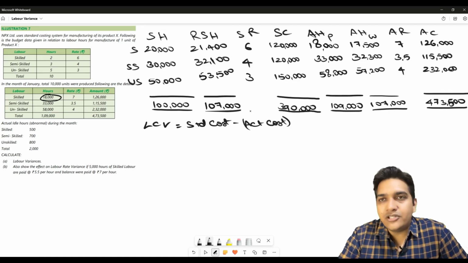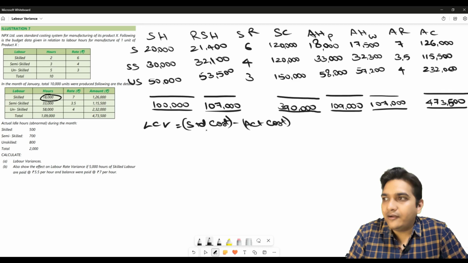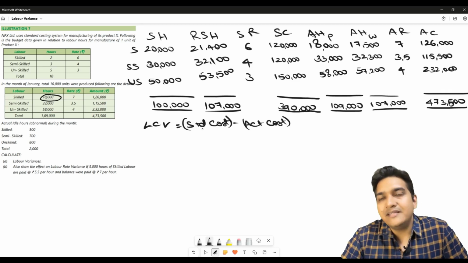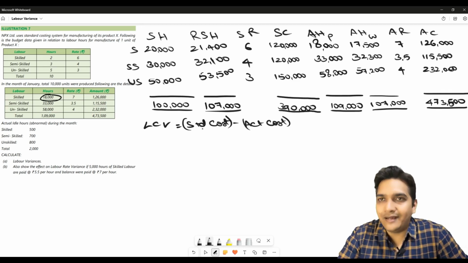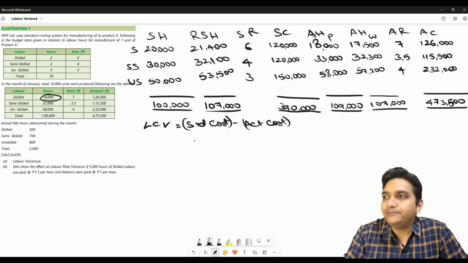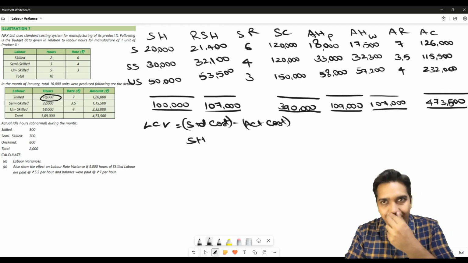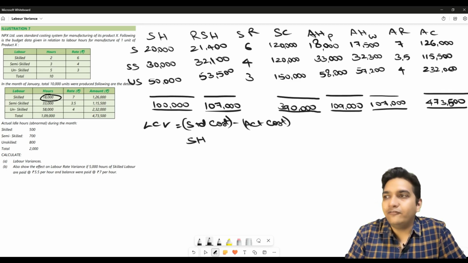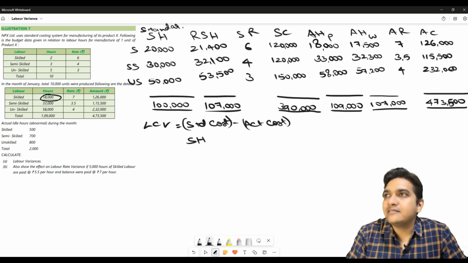In the examination, please do not write the short forms. Please write it completely: standard cost and actual cost. However, while writing the formulas, you can use short forms if you have already provided the full forms earlier. For example, in the table, you could write standard hours, and below that you can denote as SH.